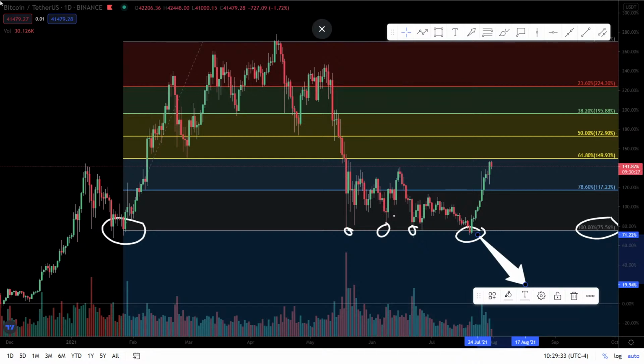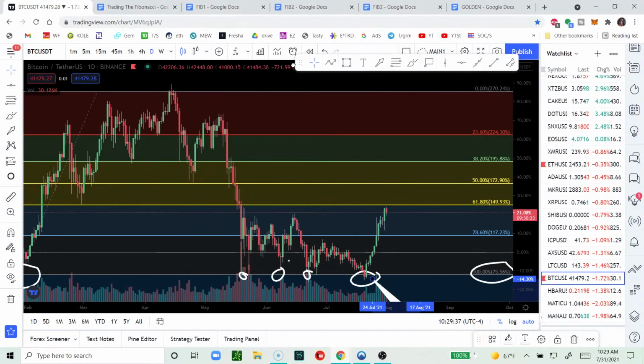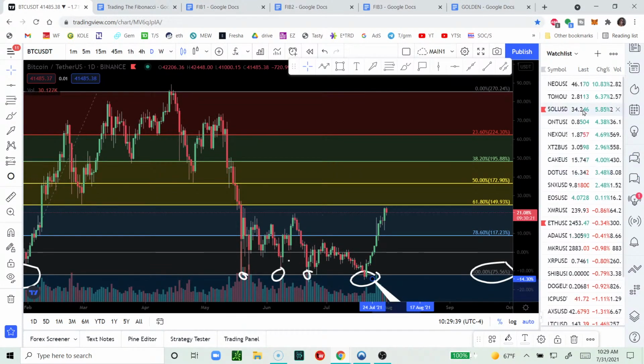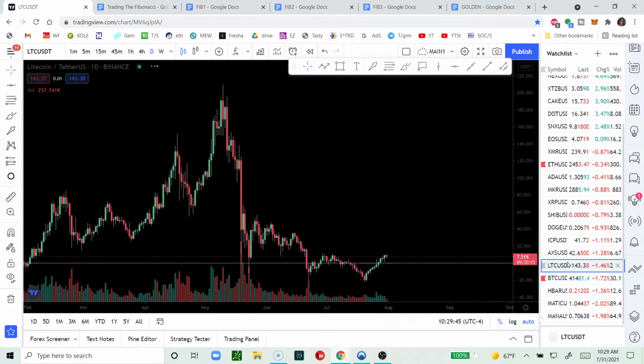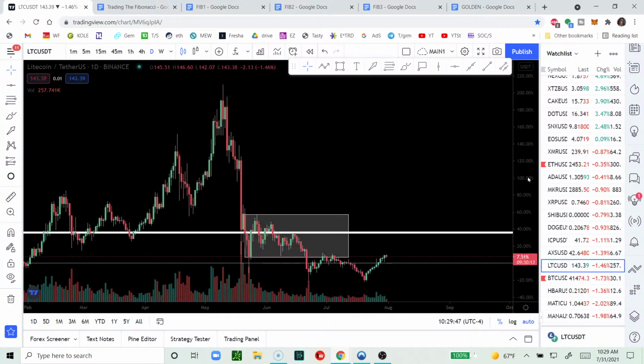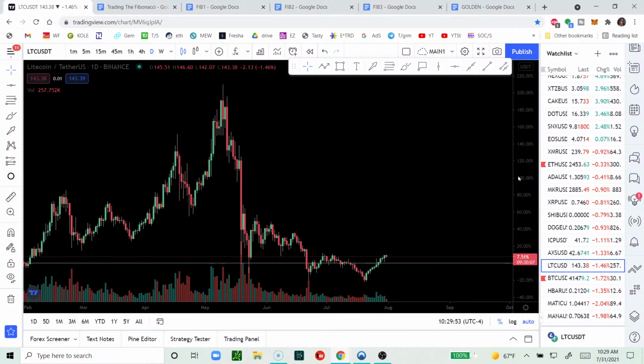So let me come out of this chart. Let me find my Litecoin chart somewhere here. There it is. So here we have Litecoin. And guys, you have to understand that what Bitcoin does, most of the other coins do.